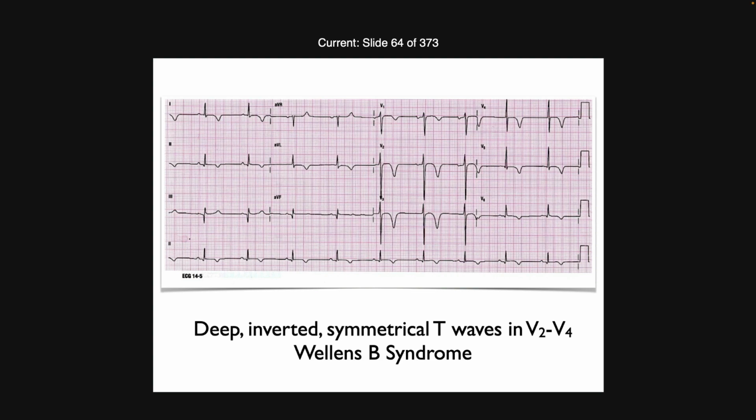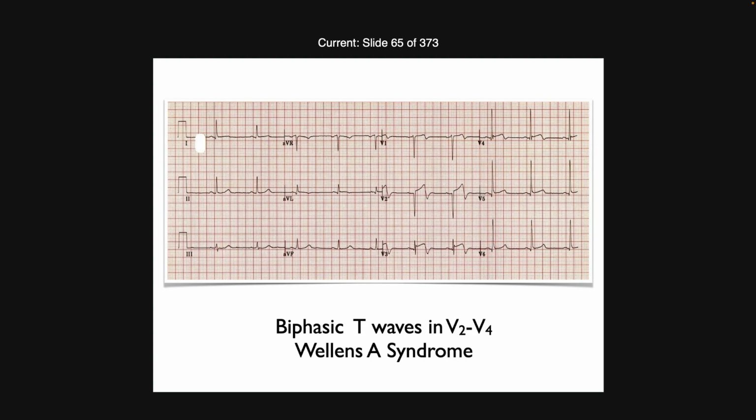Now here's Wellens A. We've actually had one on the quiz, we didn't know it at the time, that had Wellens A on it. And what it is is biphasic T's. The T, again in V2 through V4, goes up and then down, okay?